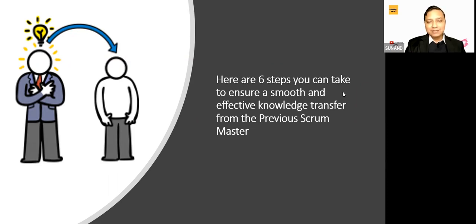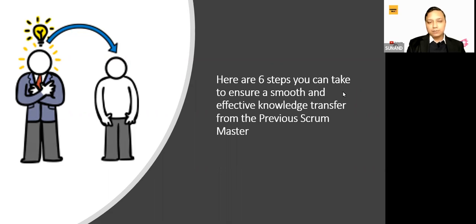Now, the next important thing is you should attend the Scrum events and observe how they are run, and ask the previous Scrum Master for guidance and feedback on your facilitation skills. So for example, you can tell him or her, could I observe the next Scrum event and perhaps shadow you as a facilitator?